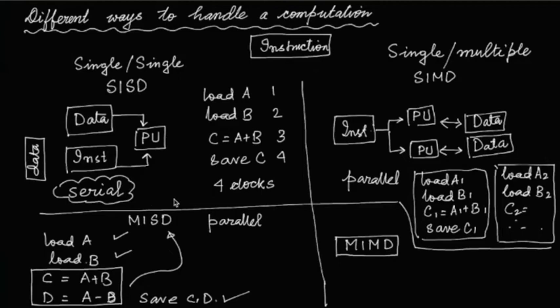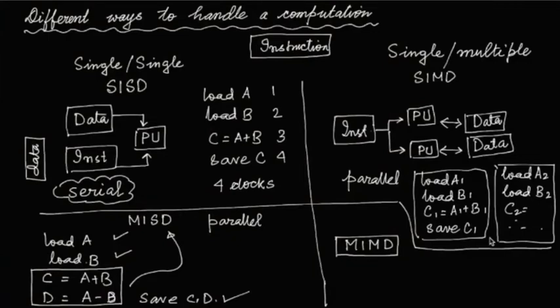When I come to multiple instruction single data, you realize that here, at least in this example, only a part of the program is parallel. The rest of it is running serially. This will be the case for most programs, because if I have to do some work, I have to load A and B. Even in single instruction multiple data, the part we have not written here is that loading A and B, which I kept in the same block.